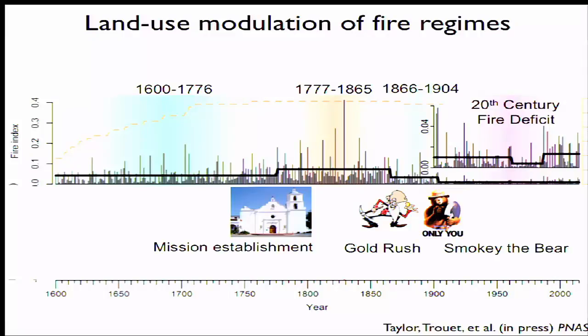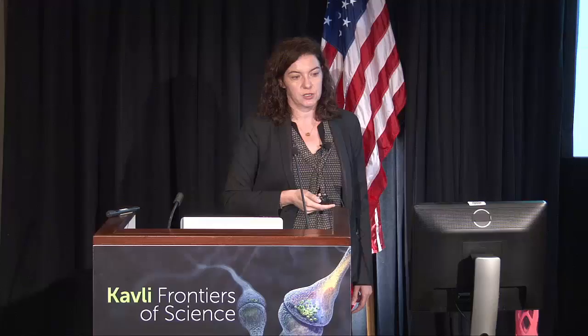As a result, because you lose that patchwork of small burns, you get larger and more simultaneous burns during the period after the mission establishment. I'm not showing this here for lack of time, but this is also the period when the connection between drought and fire is strongest. So when the human input is smallest, the connection between wildfire and climate is strongest.